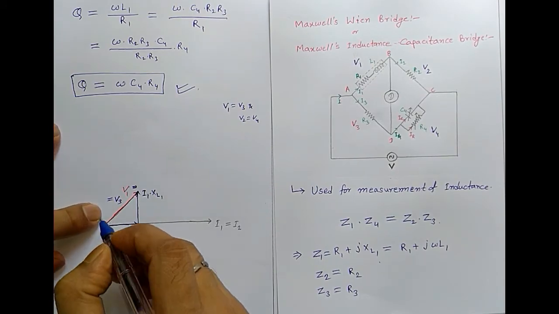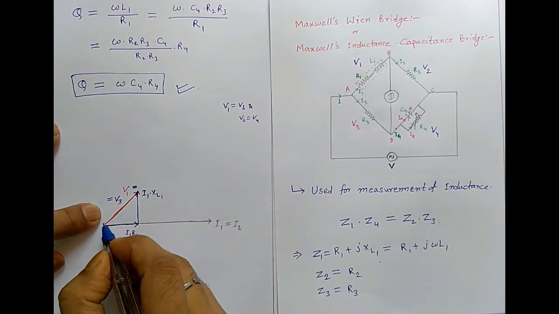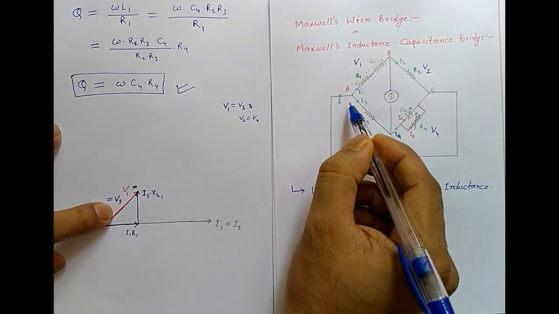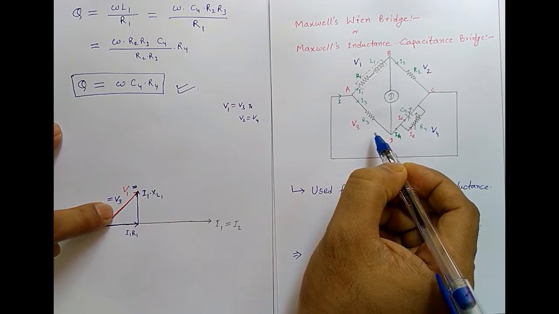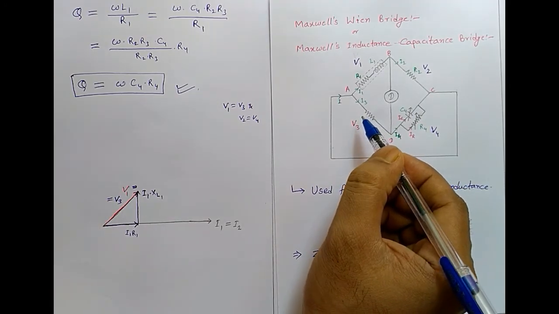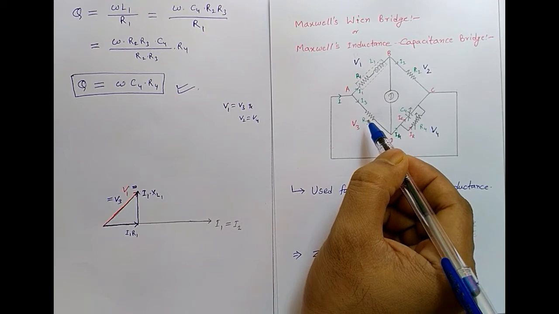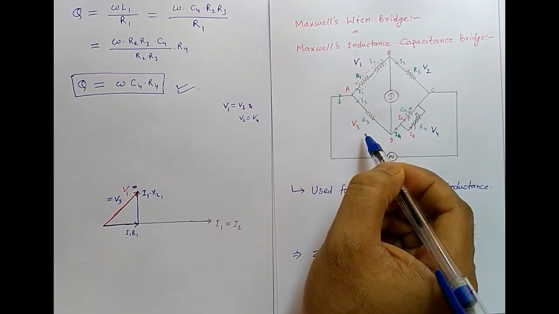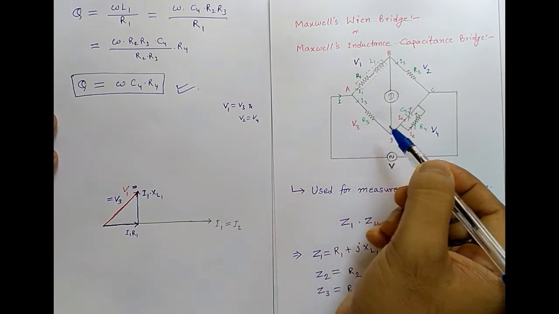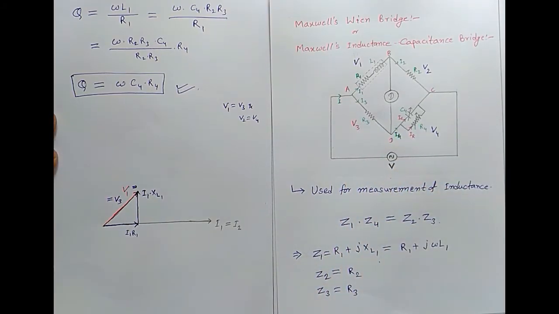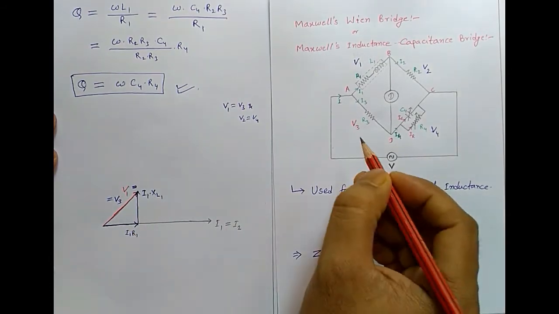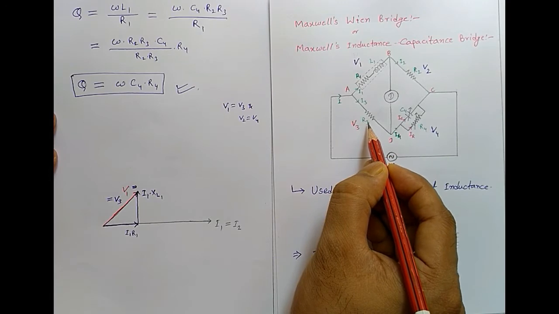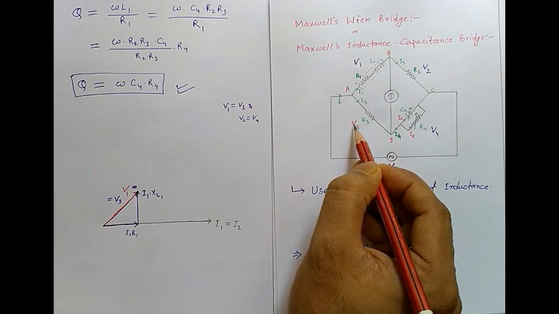Now, if this line represents the voltage drop across this arm, V3, then the current flowing in this resistor R3 will be in the same direction as V3.